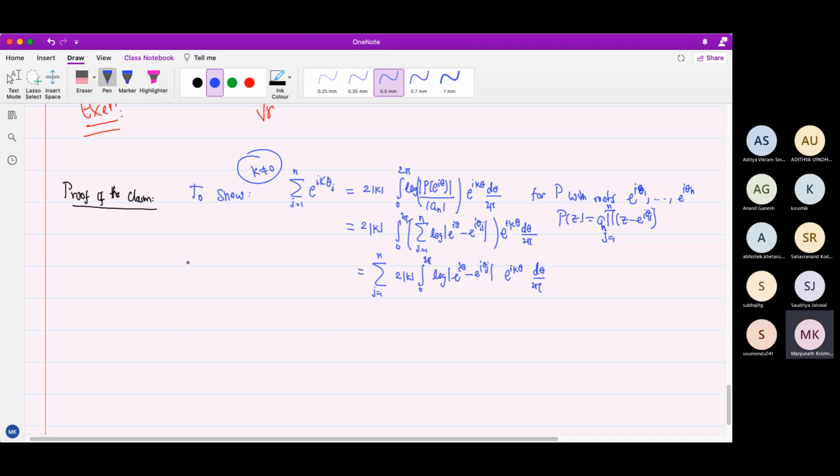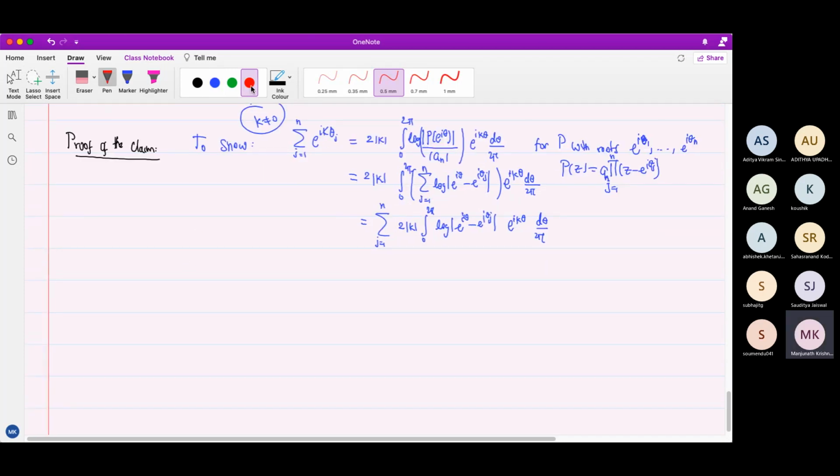Okay. So to prove this, what do I do? I do it term by term. So this is implied if there is a sum of j things, I'll show the jth term here equals the jth term here.